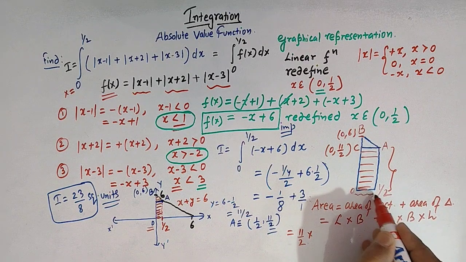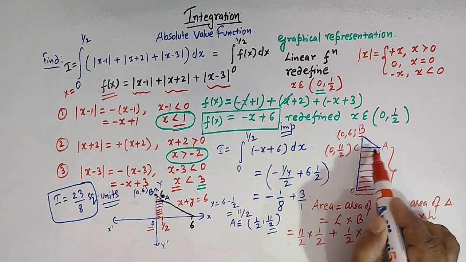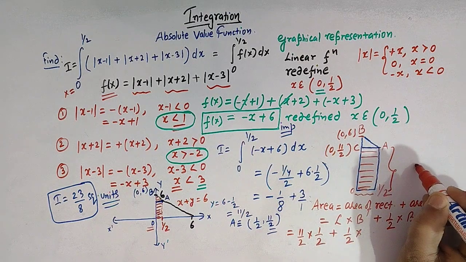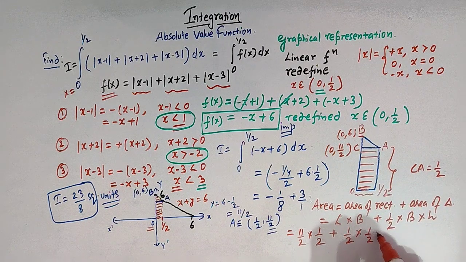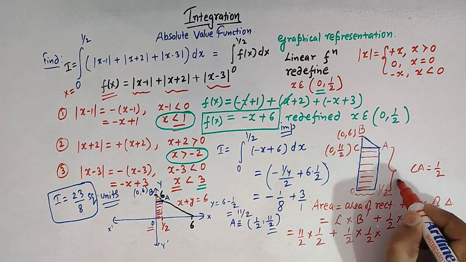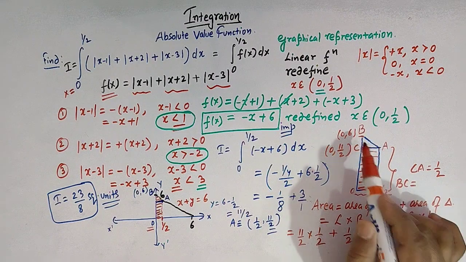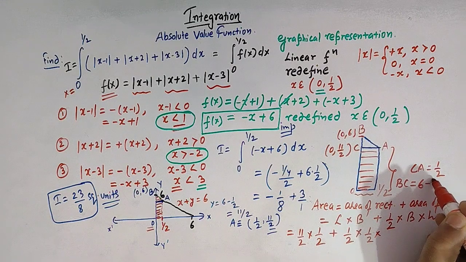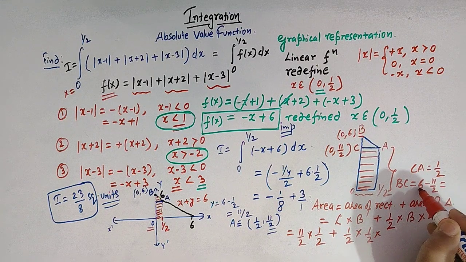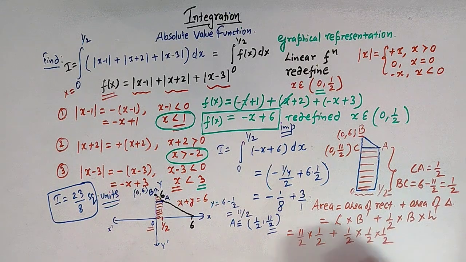So this is our breadth, so we have half here, and here we have half, and the base of the triangle is CA, right? And CA is obviously equal to half, right? So here we have half, and the height is BC, right? So the height is BC. So BC can be obtained by subtracting 6 and 11 over 2, right? So this is 6 minus 11 over 2. So this is 12 minus 11, that is half, right? So here we have half, right?